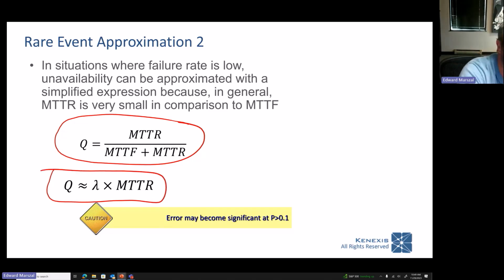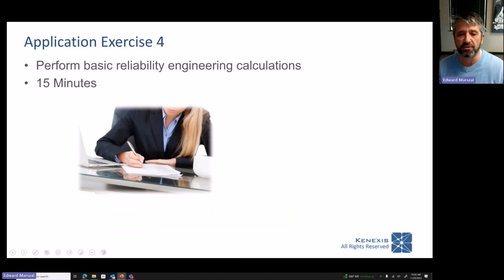But the unavailability is approximately the failure rate multiplied by the mean time to repair, and that's based on the assumption that the mean time to repair is going to be very small in comparison to the mean time to failure, which I hope would generally be true. That's rare event approximation number 2.